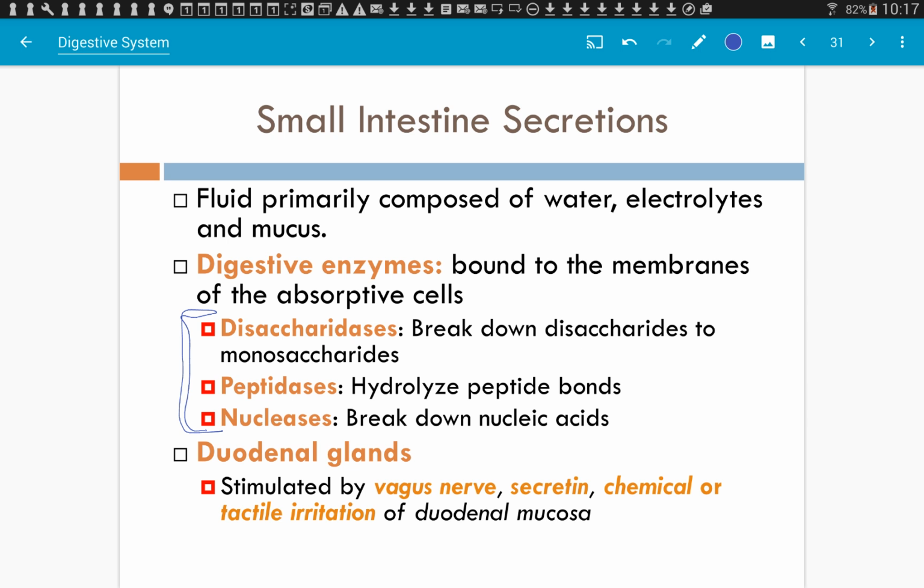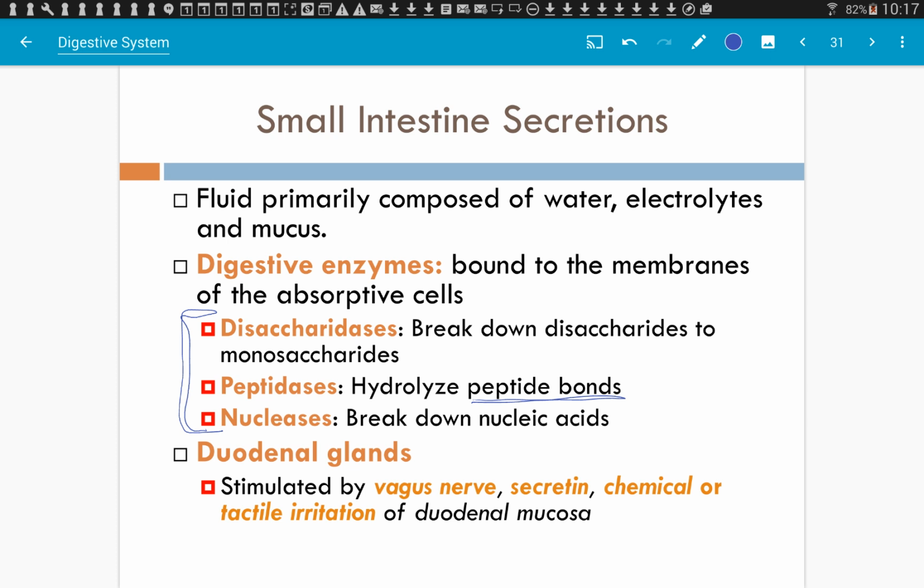Peptidases break down peptide bonds, that's between amino acids, so then you can have individual amino acids, which are easy to absorb into the bloodstream. And then nucleases, kind of what it sounds like, break down nucleic acids, which is from your DNA. So anything you're eating is going to have DNA, whether it's plant or animal material, and so you need to break that stuff down too, and you can reuse those small components in your own body.